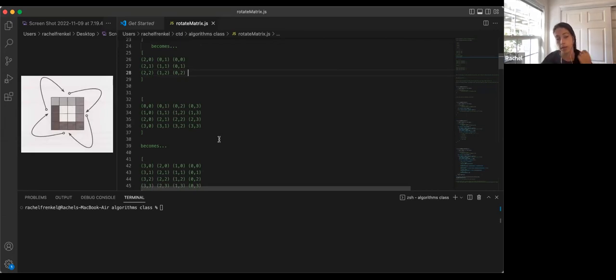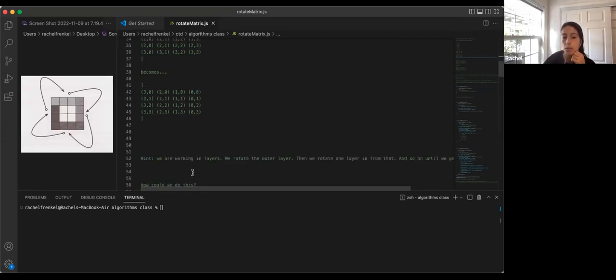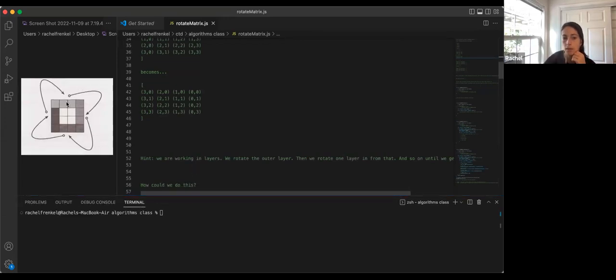The other thing that is big is that we're working in layers. Okay, so in something like this, we're first rotating, taking this layer here, and this edge, and we're moving it to this edge, and this edge, we're moving it here, this edge here, and then we go to the inside one, and we're taking this edge and we're moving it here, this edge here, this edge here.